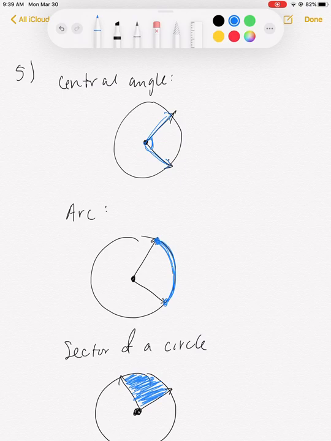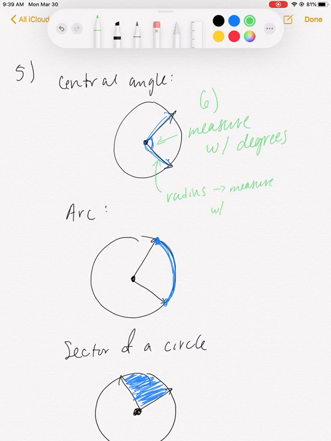And we can measure all of these. This is number 6 in our handout. We can measure the central angle, measured with degrees. We can measure the radius, here's a radius, measured with length units.